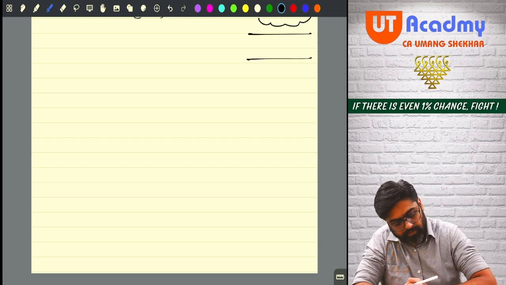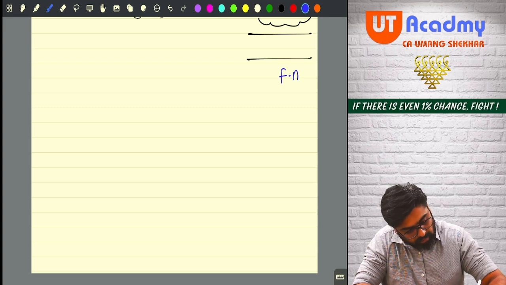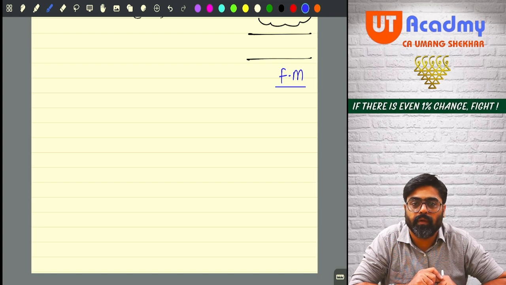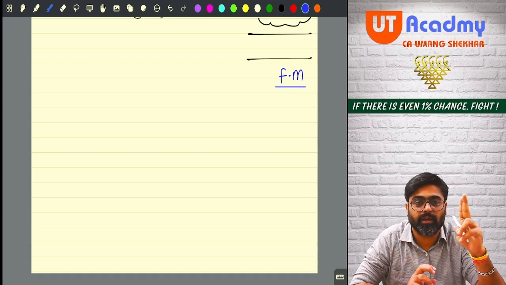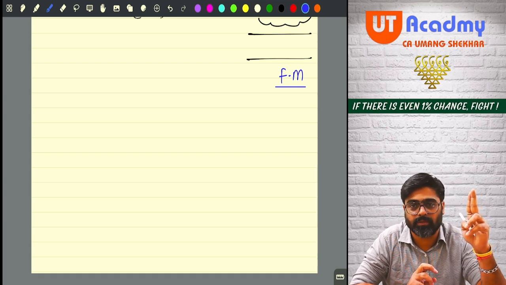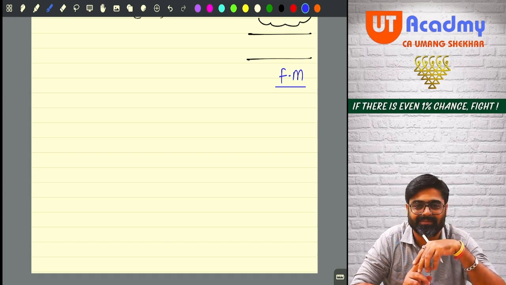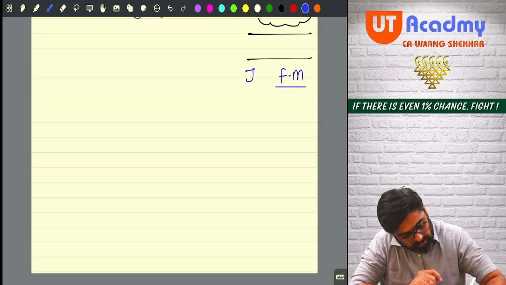Can I say February and March calculation can be done together? Why? Because for these 2 months, HRA amount is same, 7,000. Salary is also same, basic, DA in terms, turnover commission. Rent is paid in Delhi, amounting to 8,000. But I will have to do the separate calculations for January month.